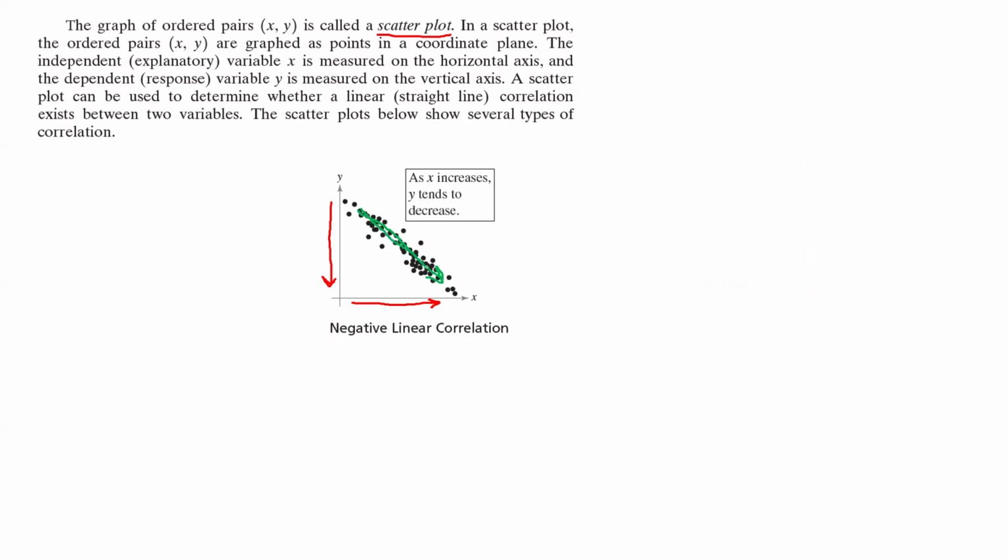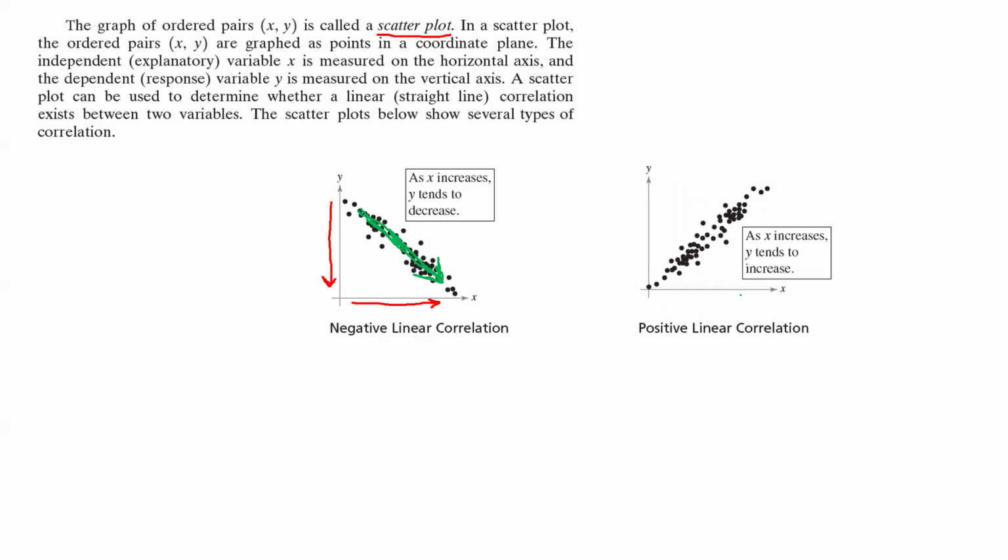This is the line that, as you can see, is a decreasing line. From left to right, you see there is a decrease in this line. Again, as your x increases, the y values start decreasing. In this case, we say that we have a negative linear correlation between x and y.